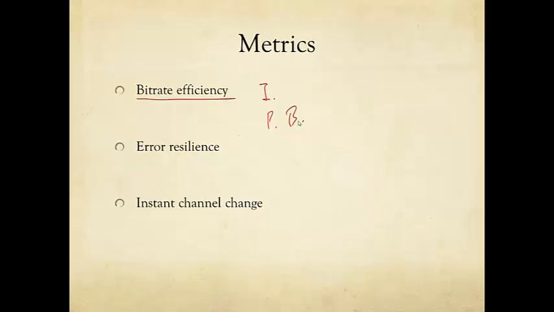But as we'll see in an example momentarily, error resilience then suffers. If an I frame is lost, you have to retransmit the entire GOP. A longer GOP means if something goes wrong, like the I frame goes down, then you have to retransmit a lot more frames. So there's a trade-off between bitrate efficiency and resilience to errors.